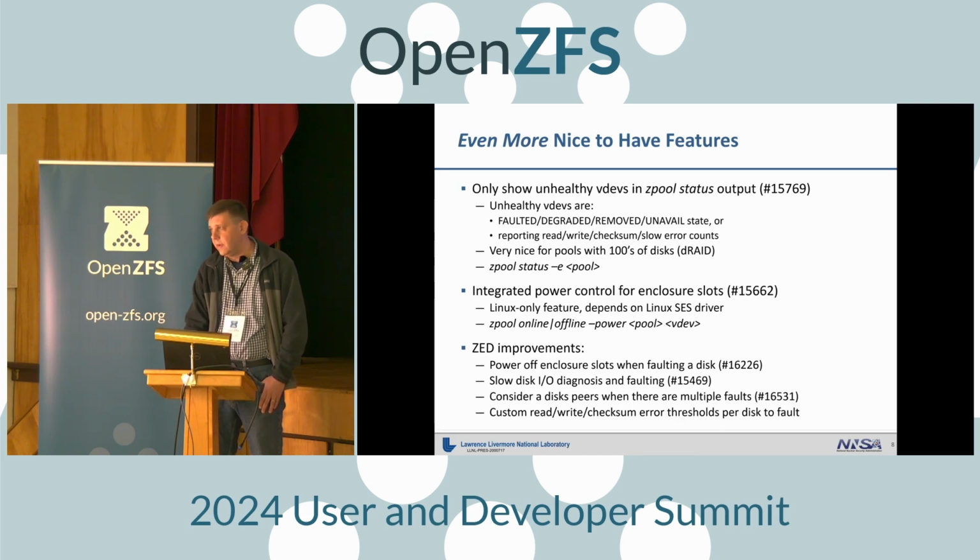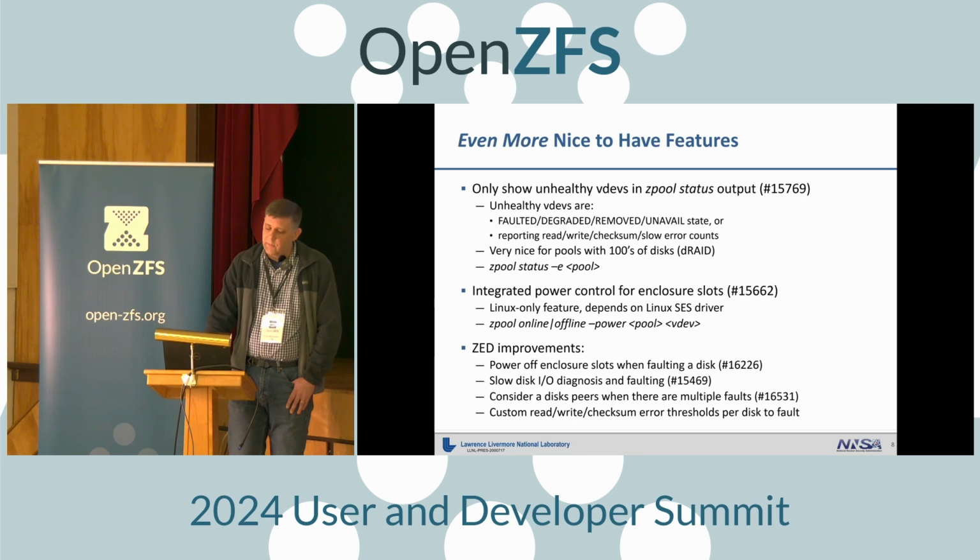By unhealthy here, we mean something not in an online state, right? It's been removed, it's been faulted, there's read errors, write errors, checksum errors. There's something wrong with the vdev that you should really look at, right? And this has been particularly nice for our setups because we have a lot of pools over a lot of nodes, they have a lot of disks, and being able to eyeball them in a reasonable way has been very helpful. So I know this one was backported and I use it a lot.